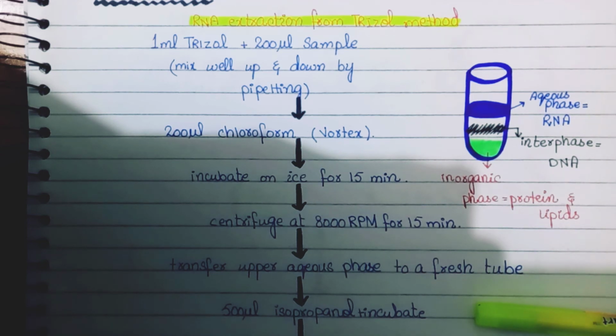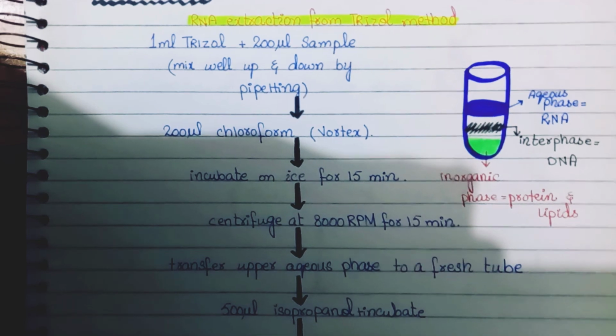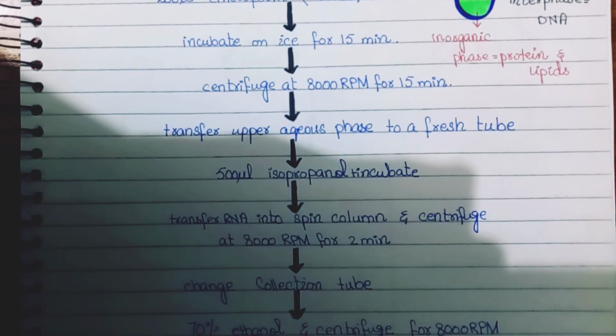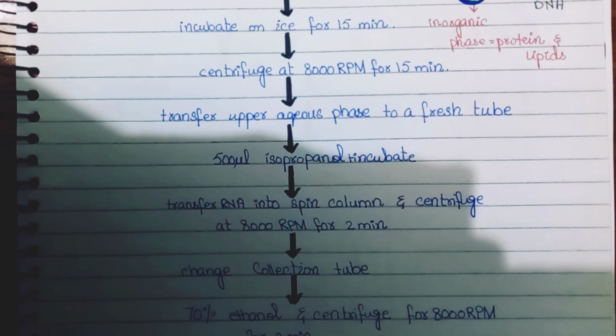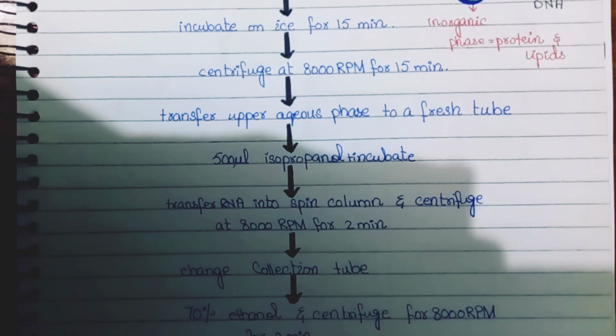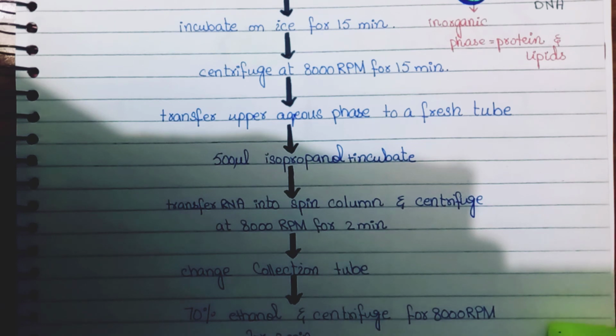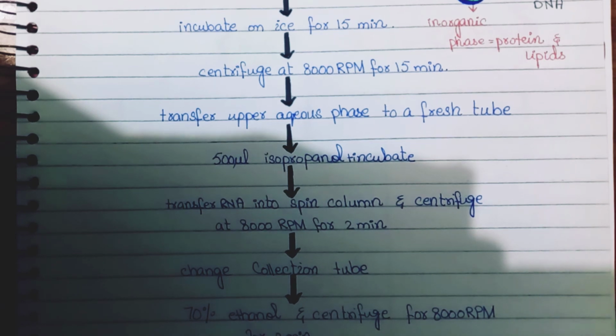After that, isopropanol is added for precipitation. Then incubate. After incubation, transfer the RNA into a spin column tube and centrifuge at 8000 rpm for 2 minutes. Then change the collection tube and add 70% ethanol and then centrifuge at 8000 rpm for 2 minutes.